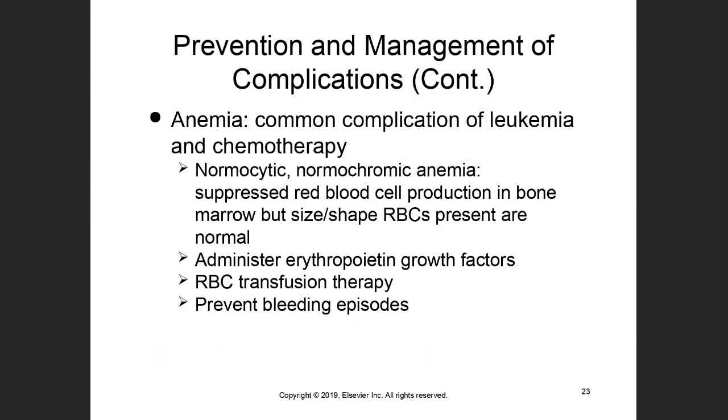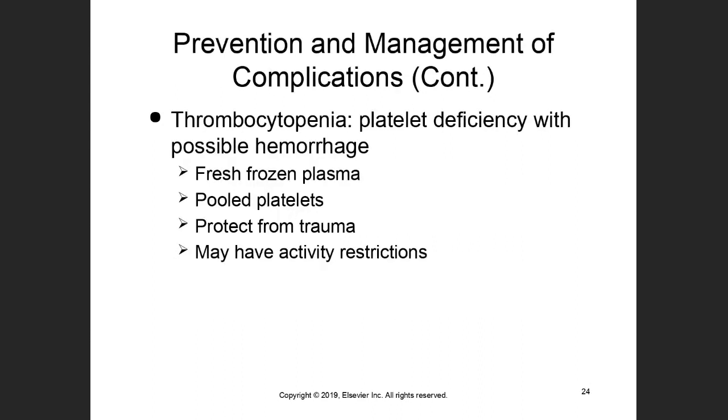Because there is a type of anemia that is anemia of chronic disease. Thrombocytopenia, platelet deficiency with possible hemorrhage: fresh frozen plasma, pooled platelets, protect from trauma. Those are the treatments, okay?